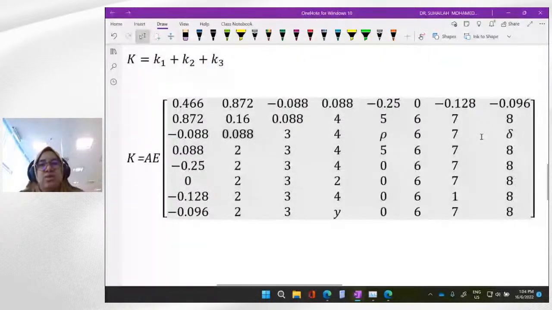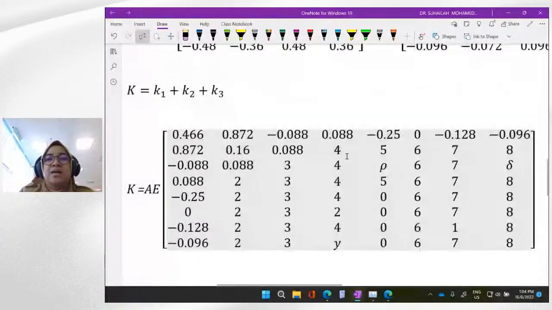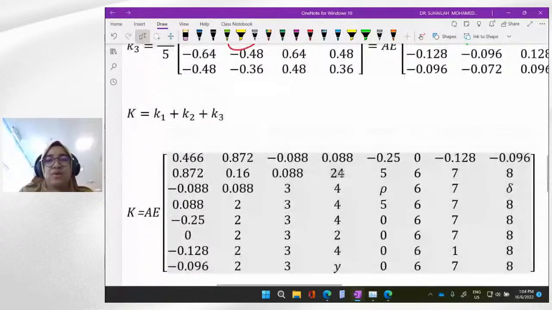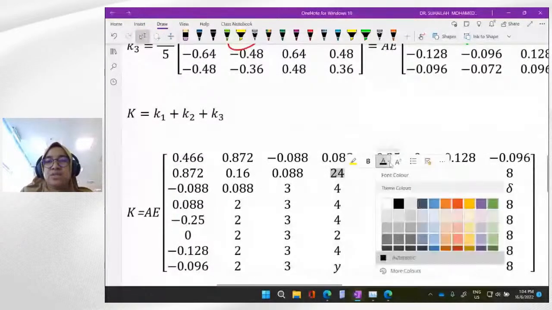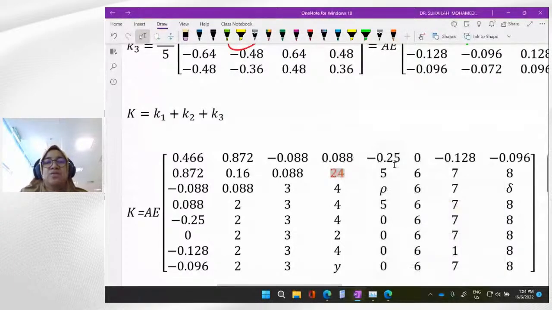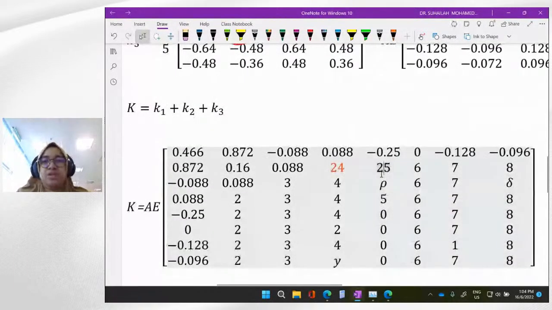Okay, let's say I will replace this with position. This is position 2, 3, just now. This is position 2, 4. This is position 2, 5. Let's say I want to find the value for position 2, 5.